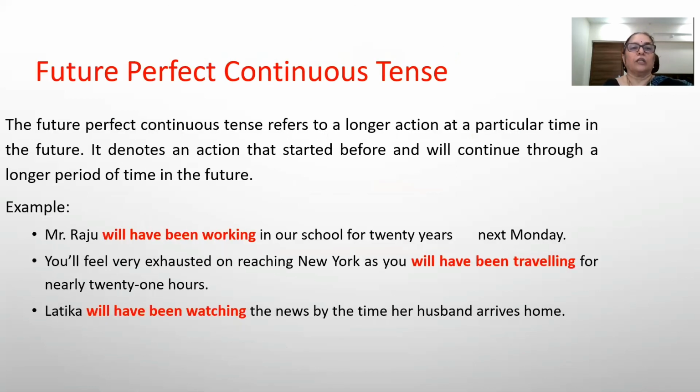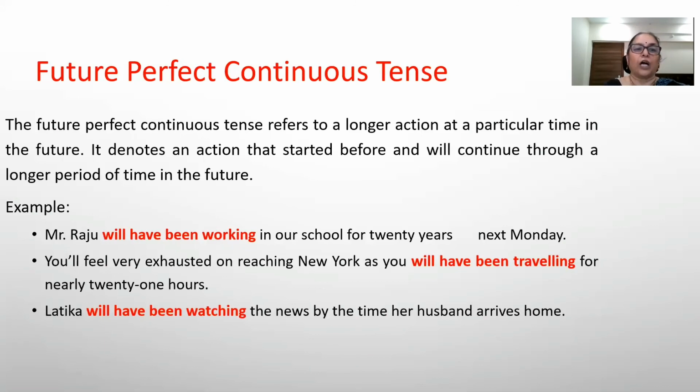Okay. Now, the future perfect continuous tense refers to a longer action at a particular time in the future. It denotes an action that started before and will continue through a longer period of time in future. Longer action at a particular time in future.